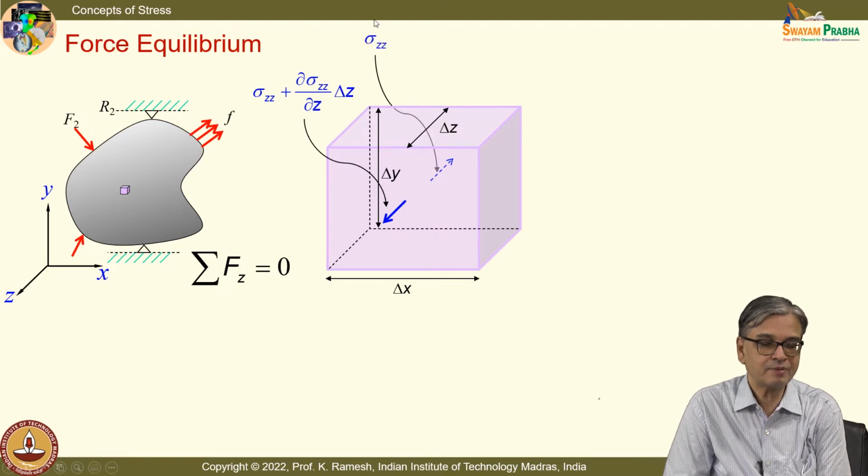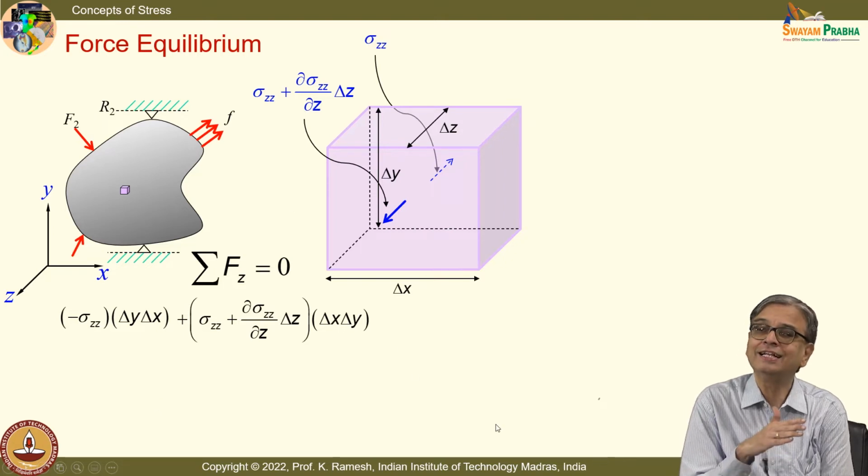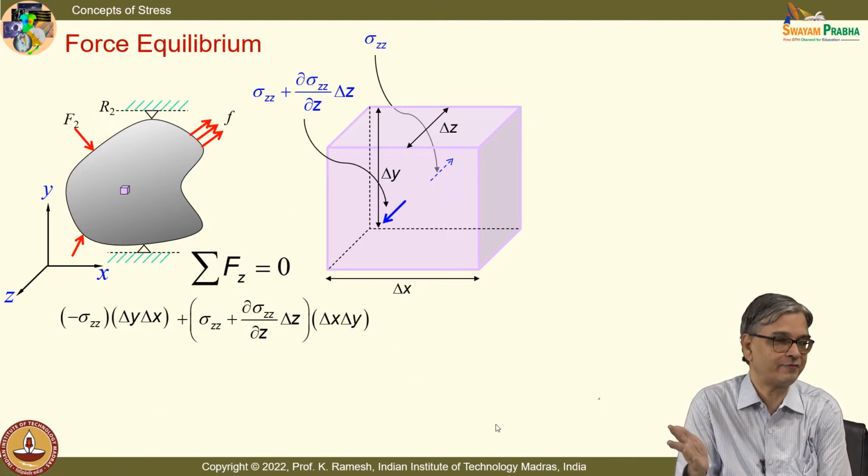and we have sigma zz on the negative z plane, and I have this as sigma zz plus dou sigma zz by dou z into delta z. I can find out the forces multiplied by the area delta y delta x, and similarly account for the shear stresses acting on the relevant faces.